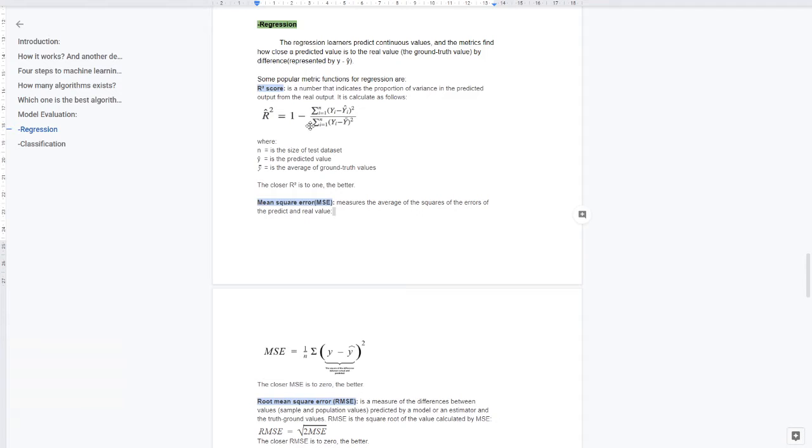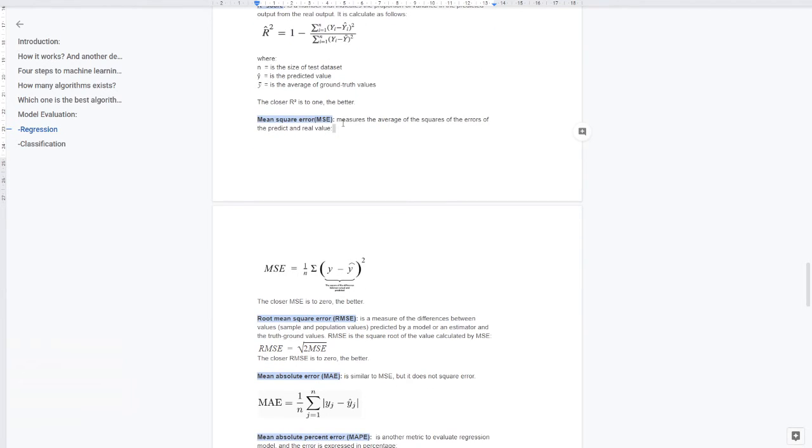In this formula, you can see R² score is defined by 1 minus the summation over each value in the dataset of the real value subtracted by the predicted value squared, divided by the summation of each real value minus the average of real values. In this formula, the closer R² is to 1, the better.